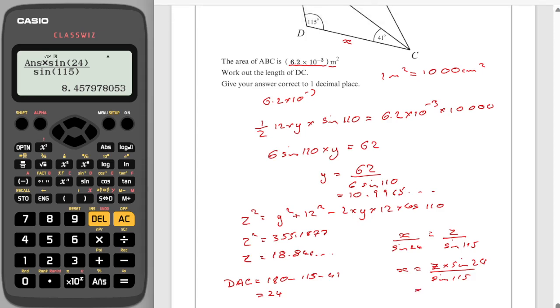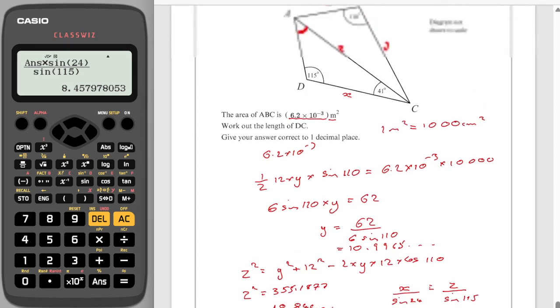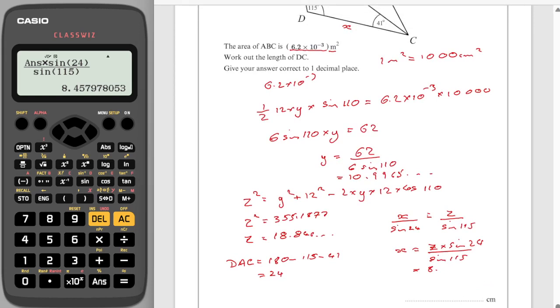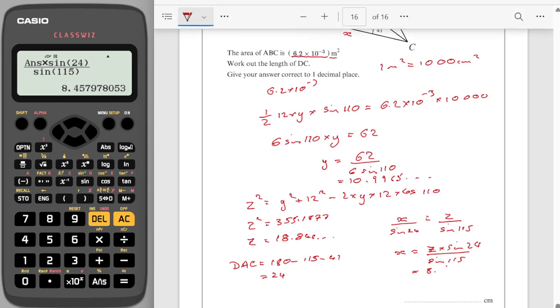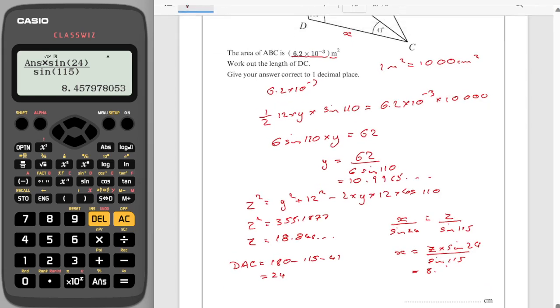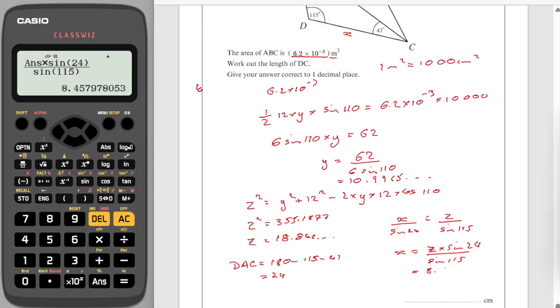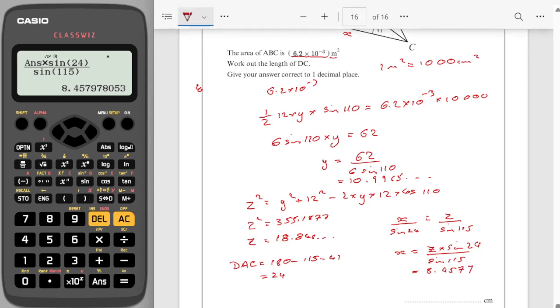I want to just double check that because I'm not happy with that. That seems 8.4579, so I want to just check that a little bit.